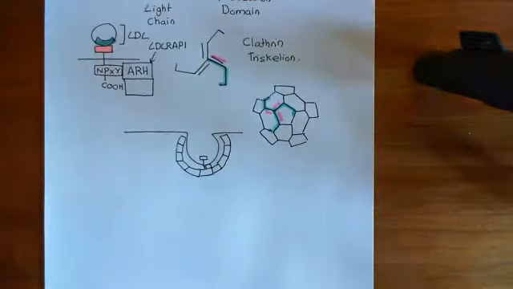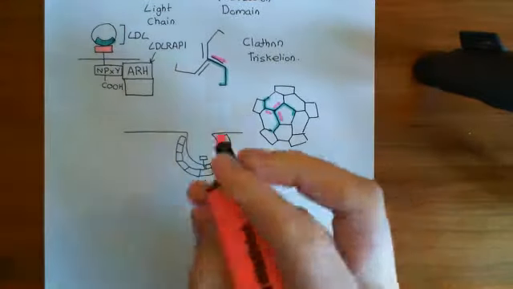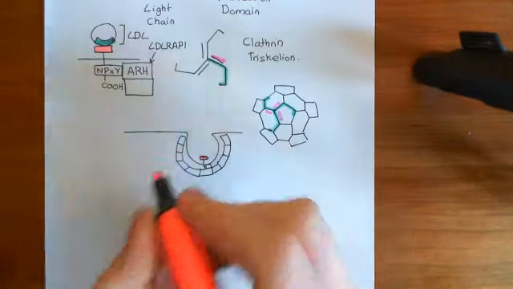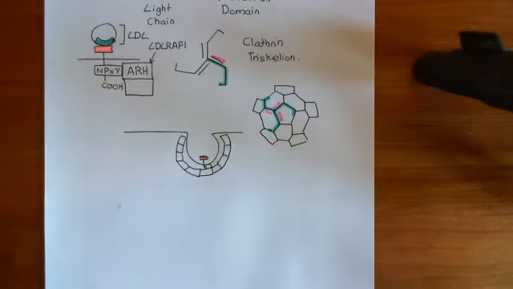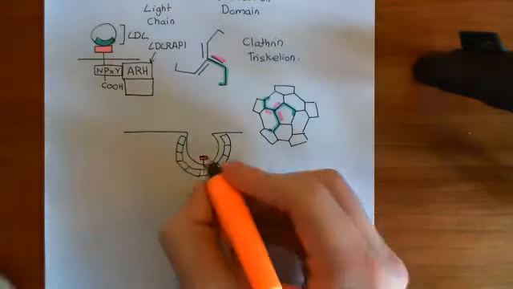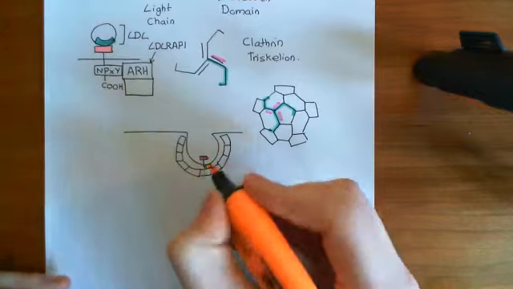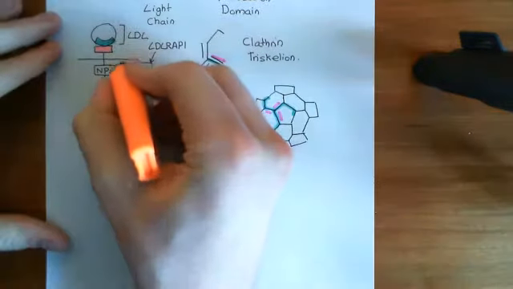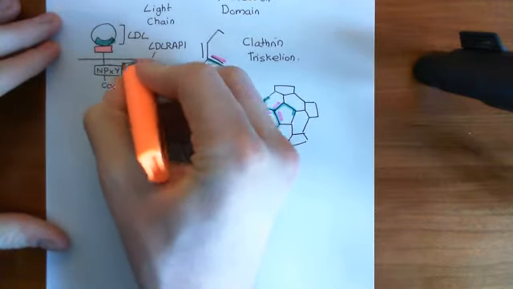Okay, right, so let's colour in the different portions then. So here is our LDL receptor type A repeat domain. Here is our autosomal recessive hypercholesterolemia protein, so that's in orange here.